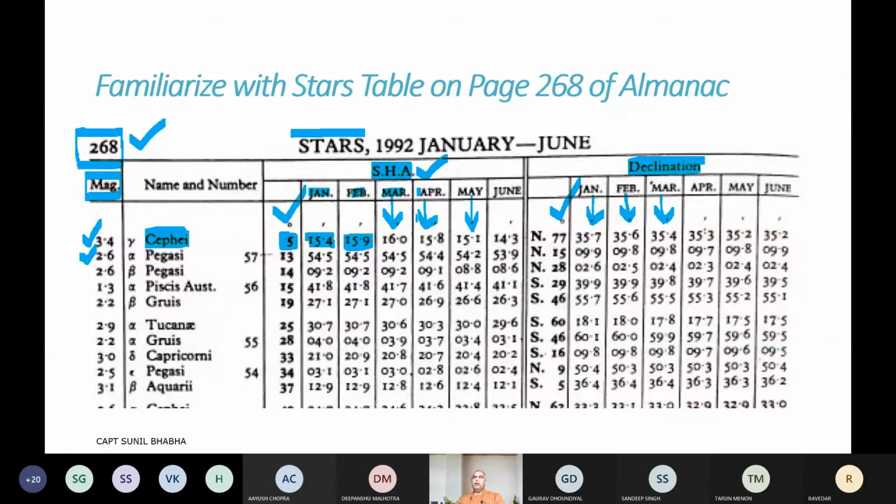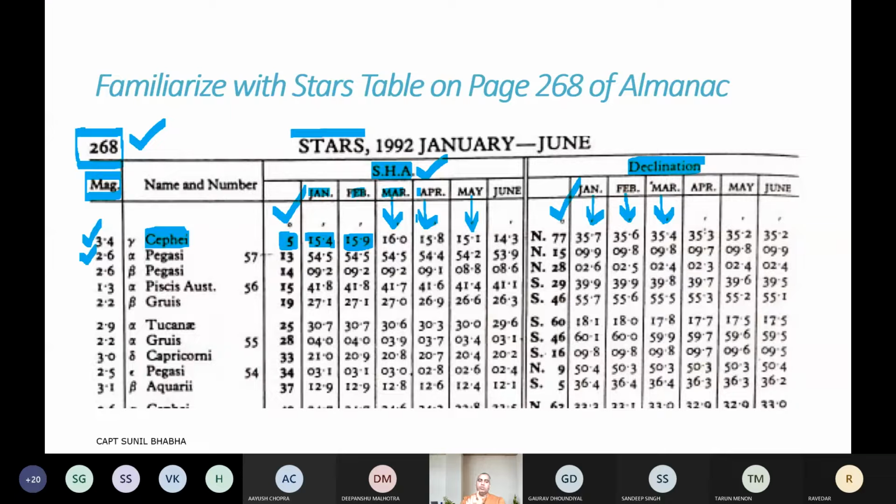Now, one important thing about this table is, the right-hand side of the table basically caters to the last 6 months, that is July to December of the year. There sometimes you may find that the name of the star which is given on the right-hand side may differ from the name given on the left side.